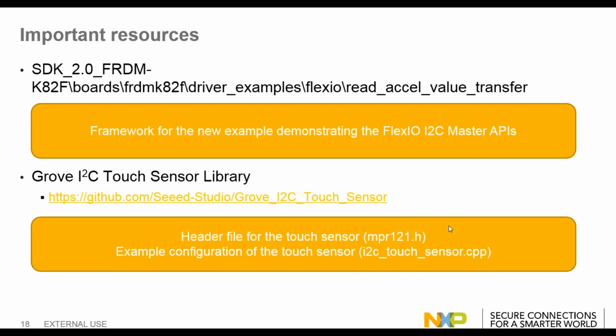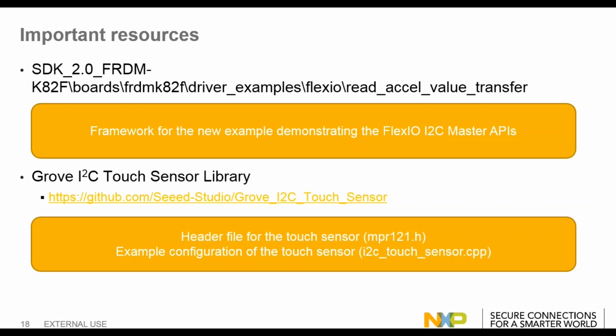So what are some important resources for creating this demonstration? I mentioned already a very nice out-of-the-box pre-built SDK example for the read accelerometer value transfer. And if you look at this software, it is a nice framework for the new example demonstrating how to use the I2C master APIs that we have for the FlexIO.